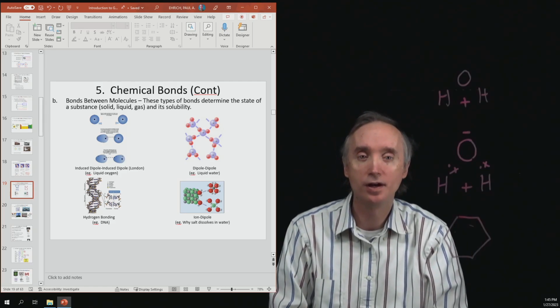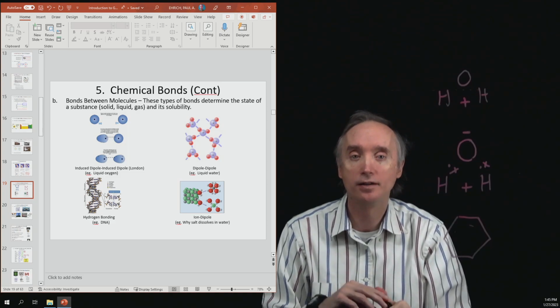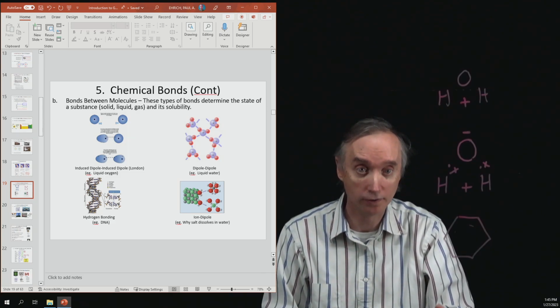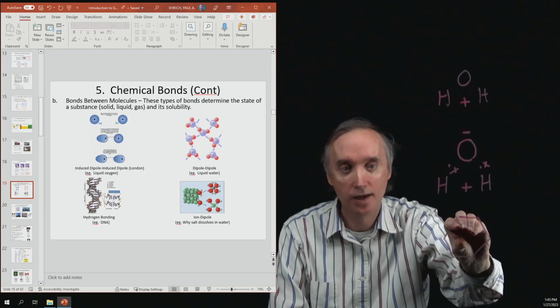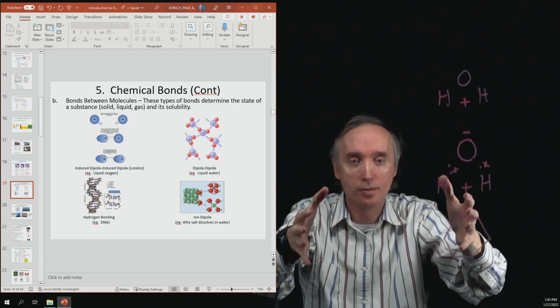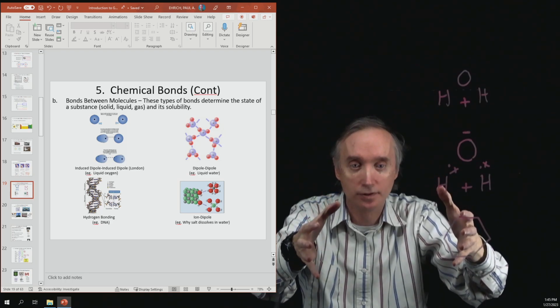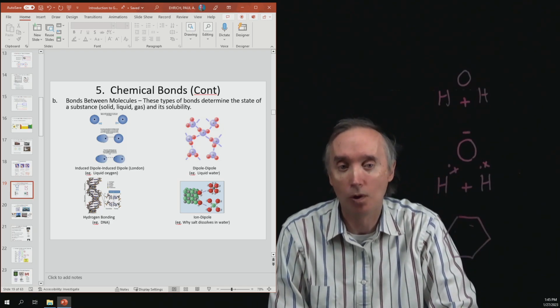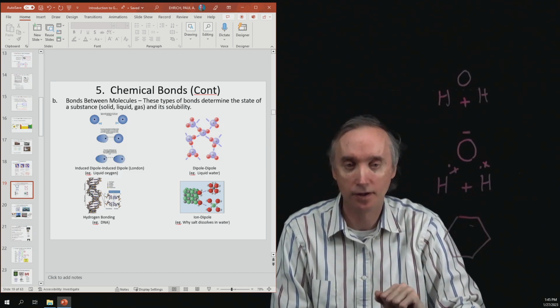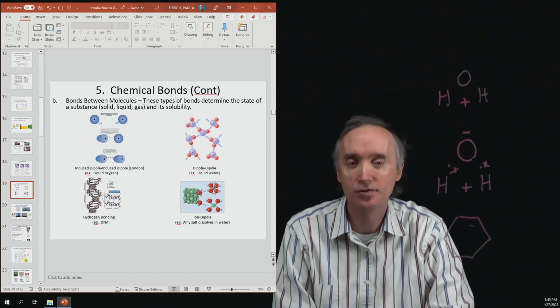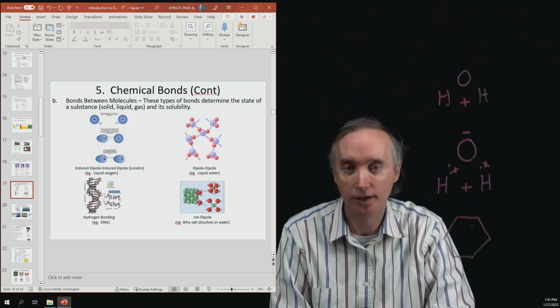Well, what that does is whenever you've got frozen water, it makes these compartments, and that means that the water molecules kind of spread out, and that's the reason why water floats, because it makes these little hexagon things.